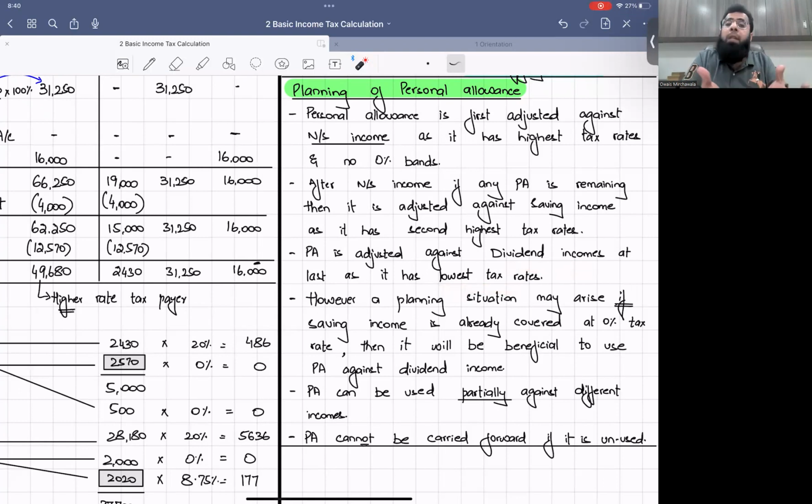So how do we use personal allowance? Non-saving, saving, and then dividend. This is, I think, pretty much simple, and you have done this also.